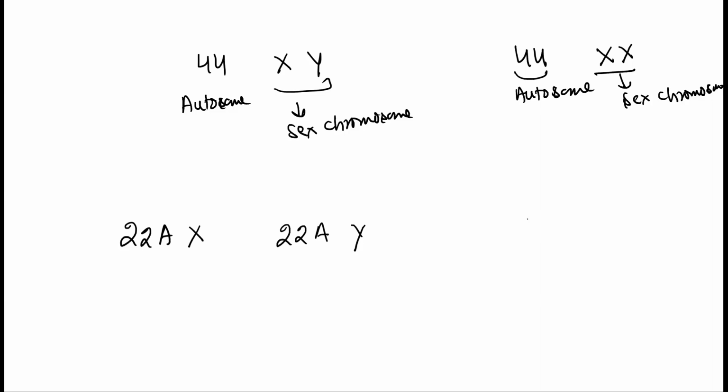But human female gametes are considered homozygous, because they all have the same: every egg has 22 autosomes and one X chromosome.